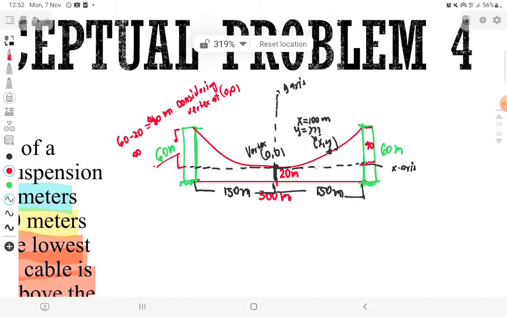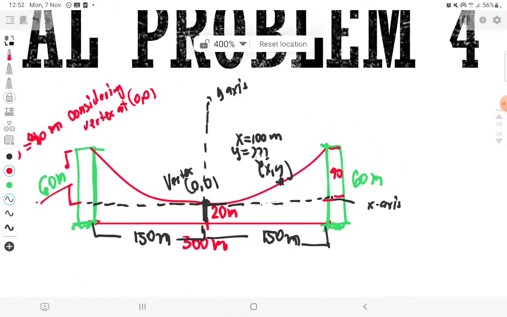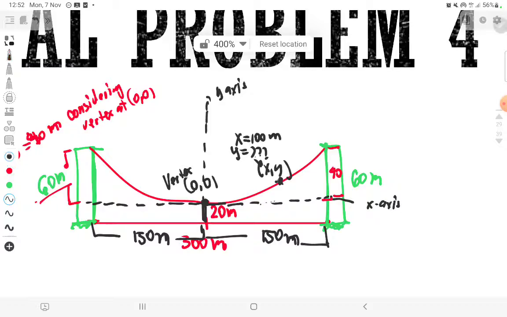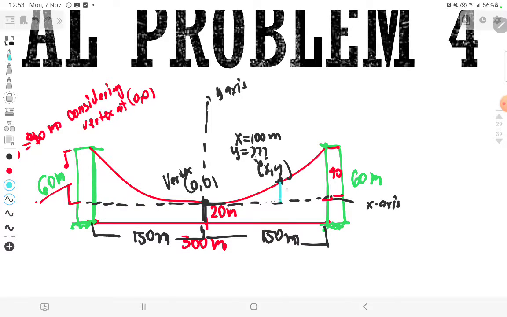Next is to go back to our question. What would be the value of our y? Take note that since we have considered this as my vertex at 0, 0, this is only my y. And the total distance of my y to the road is y plus 20.